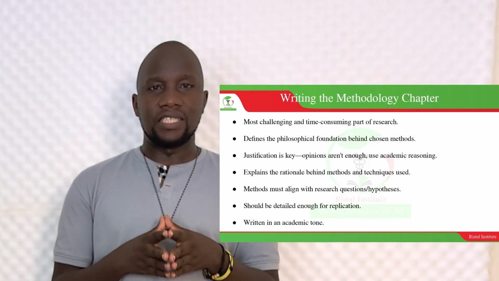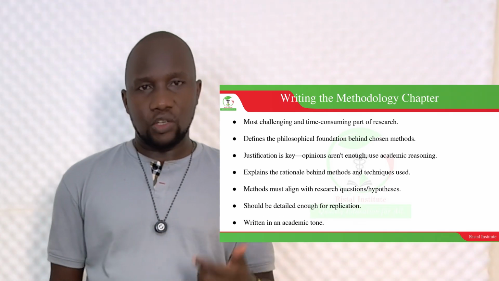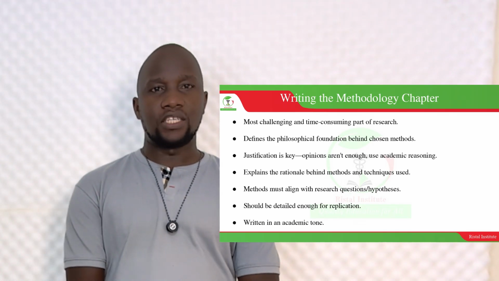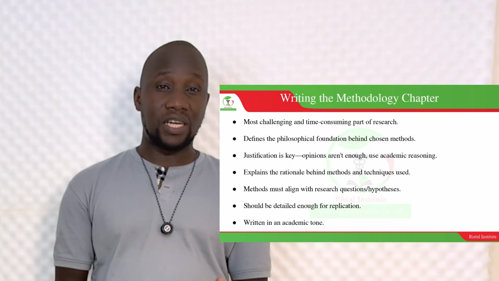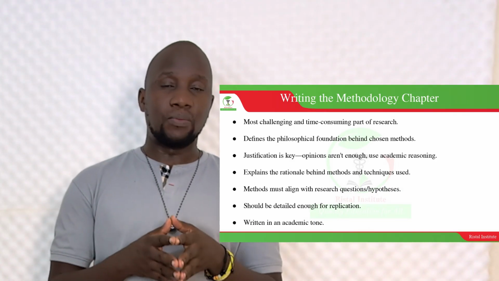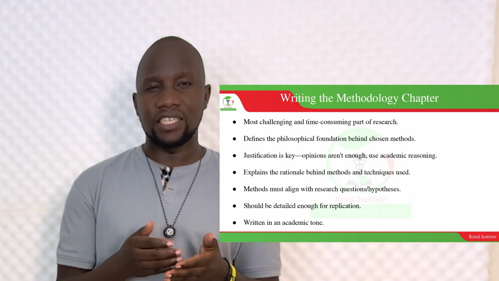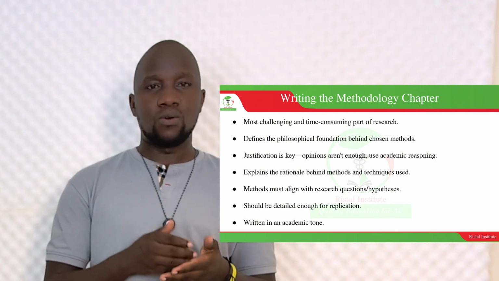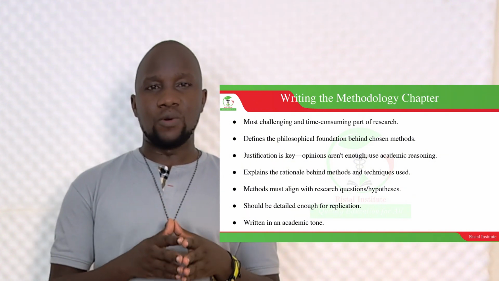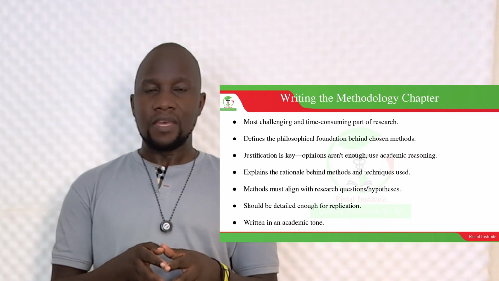The meaning of this is that for everything that you're going to decide to do in your research report or in your research writing or in your research project, you have to give a justification, a sound justification for why you're doing things the way you're doing them.